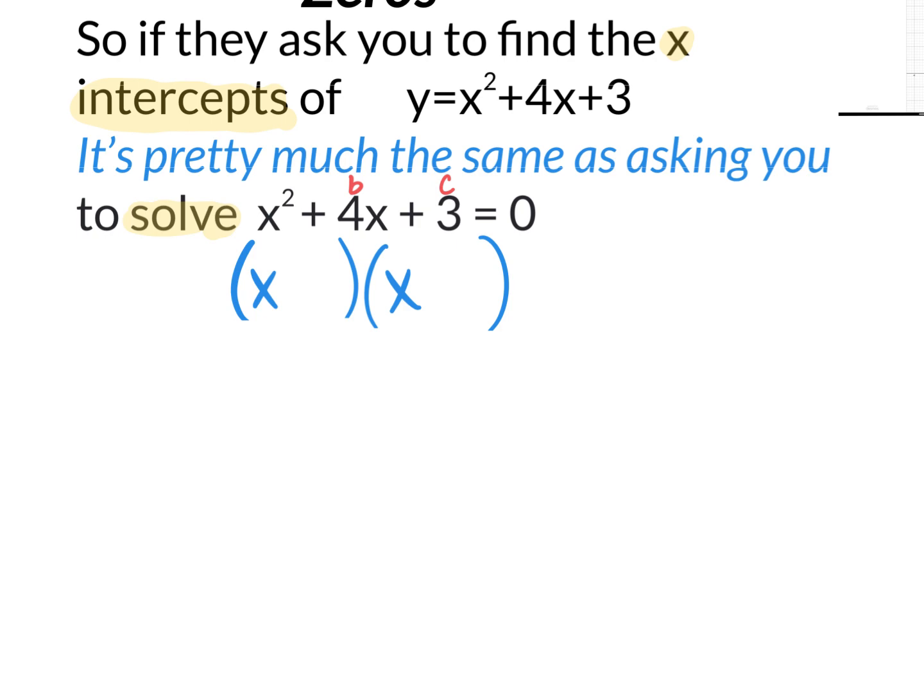And you could make a list. This is the shortest list ever though. What times what is 3? It's either 1 times 3 or change both signs to a negative 1 times a negative 3. Anyways, does that pair of numbers add together to give you the middle value 4? Yes, it does. So you would put a plus 1 right there and a plus 3 right there, and they're still equal to 0.